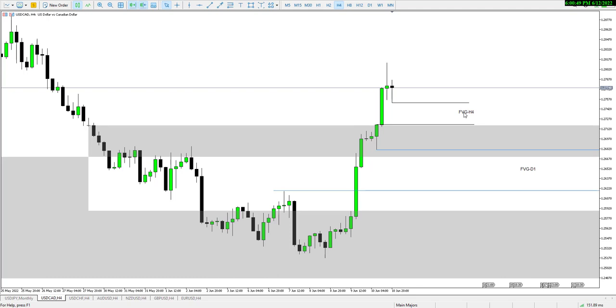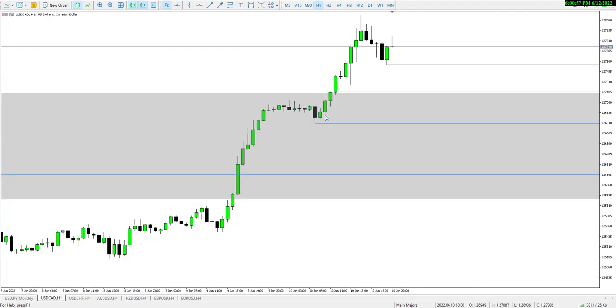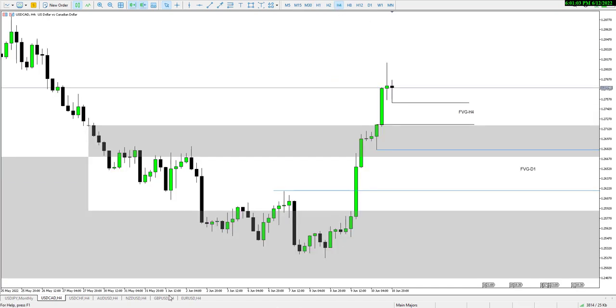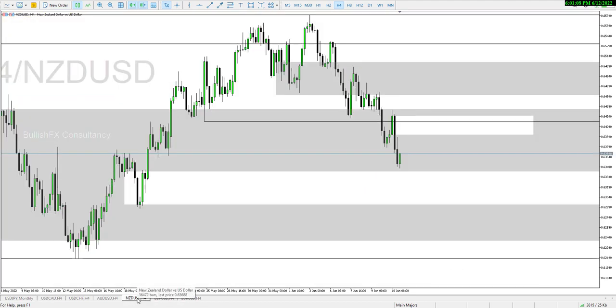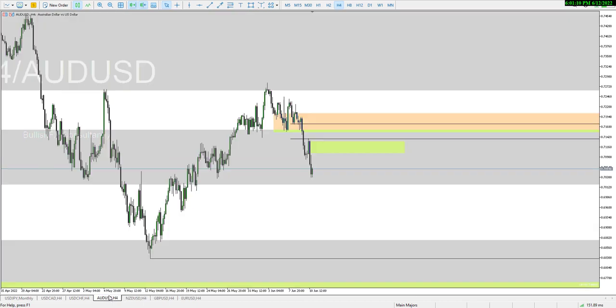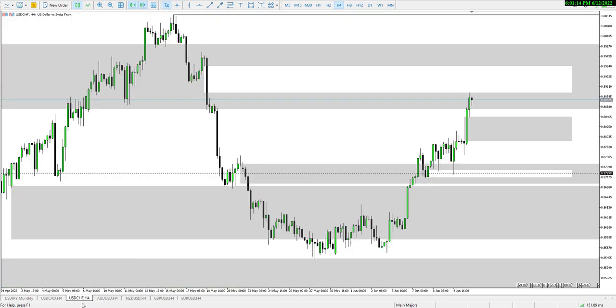So if you're in the mentorship group, you now know exactly what you need to do when you're looking at the charts, what trades you should be looking out for, and from which point of interest in terms of your premium and discount areas. By now, you should be knowing what to look out for.